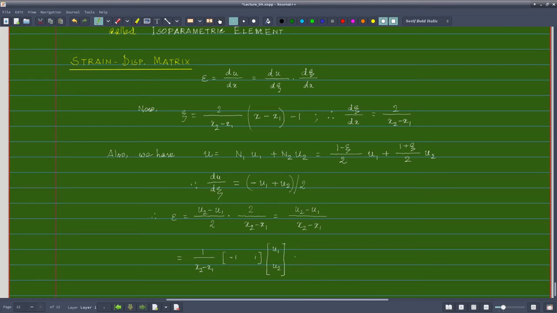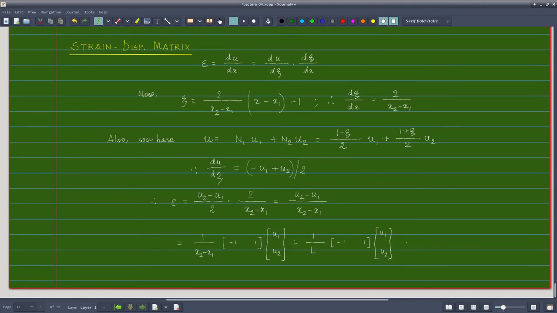All right, and this is my nothing but L, which is my length of element, times minus 1 1 into u1 u2, and this I write in terms of strain displacement matrix as B transpose into D matrix, where my B is given by B is 1 upon L into this column matrix minus 1 and 1.